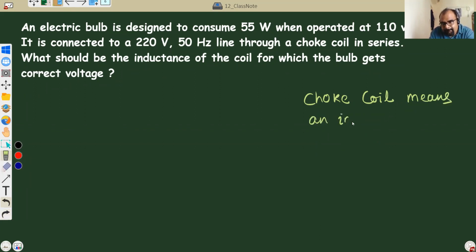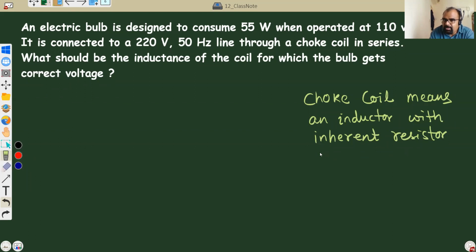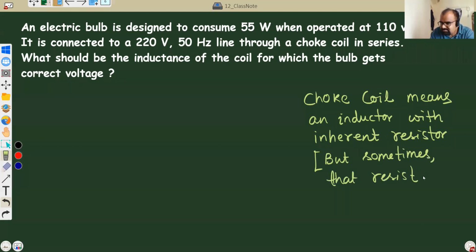But sometimes that resistance can be taken to be zero.